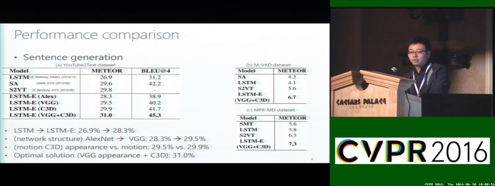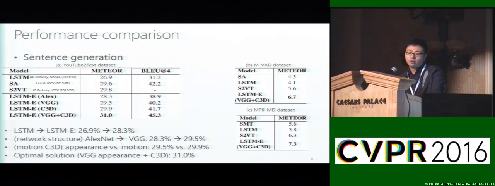And moreover, we also compare our LSTM-E with different feature representations. For example, with the deeper and more powerful features, the VGG-based LSTM-E can outperform the AlexNet-based LSTM-E, and by additionally exploring the temporal information, the C3D-based LSTM-E also outperforms the VGG-based LSTM-E.